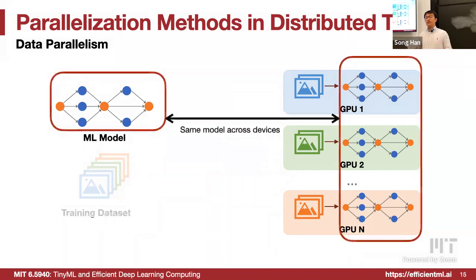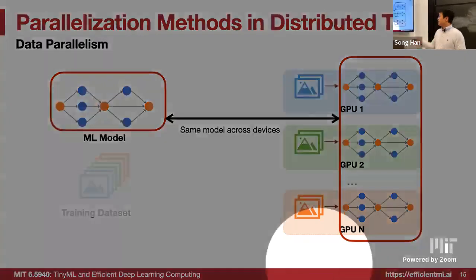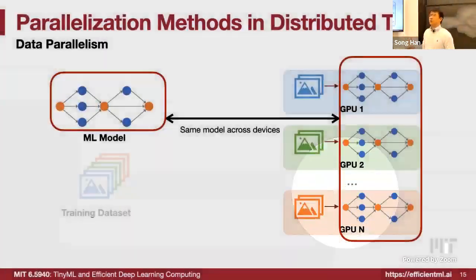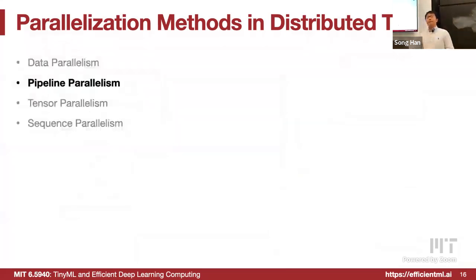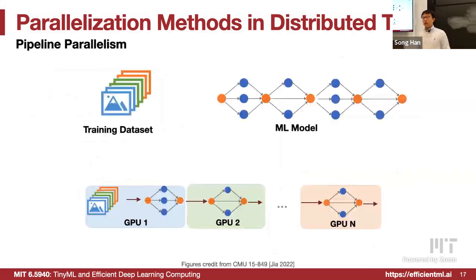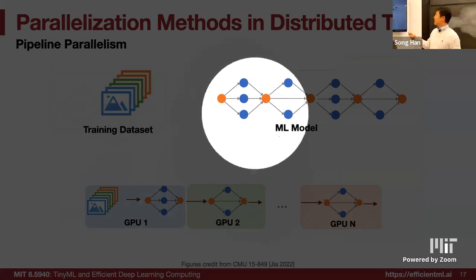And each GPU is sharing the same model across different GPUs. So that's data parallelism. We are partitioning the data. We are sharing the model. And the second technique, we can partition the model and share the data.